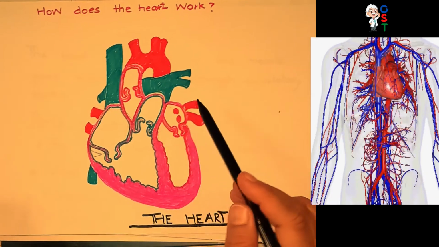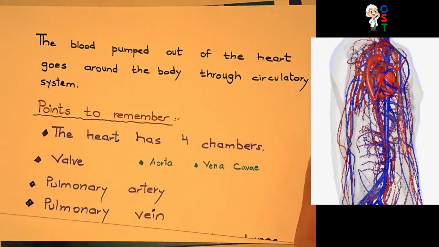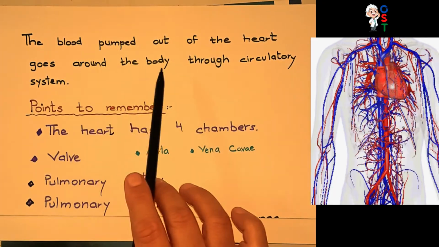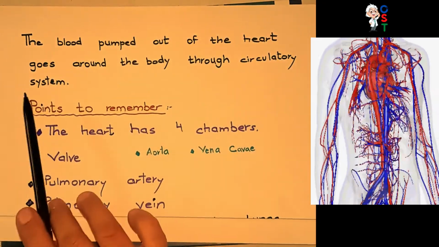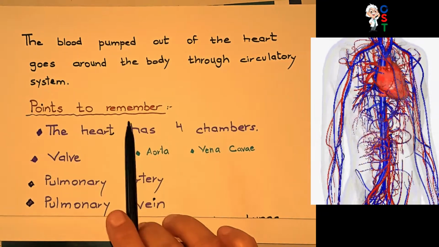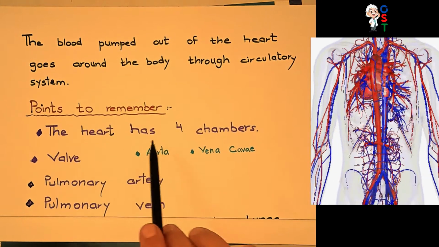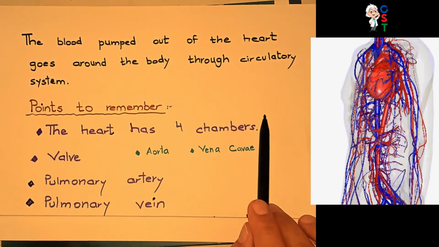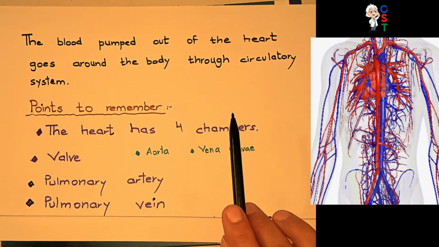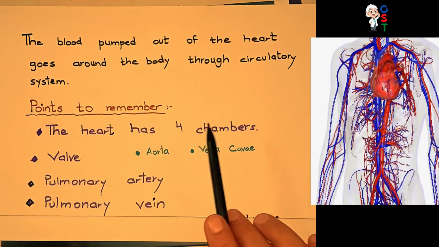In this way blood circulates in the body. So the blood circulatory system: the blood pumped out of the heart goes around the body through the circulatory system. Got it? Points to remember. The heart has 4 chambers: right atrium, right ventricle, left atrium, left ventricle.